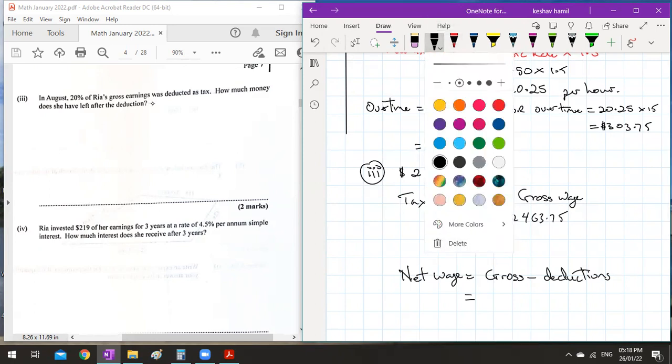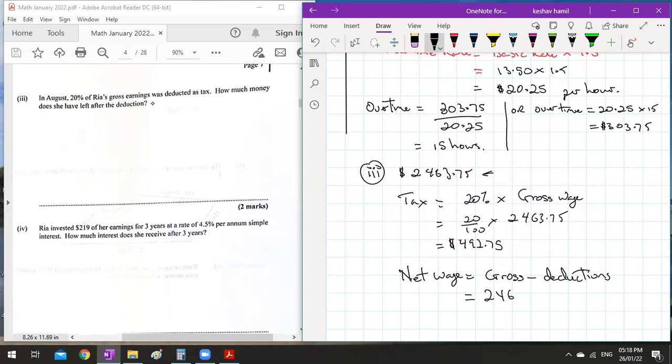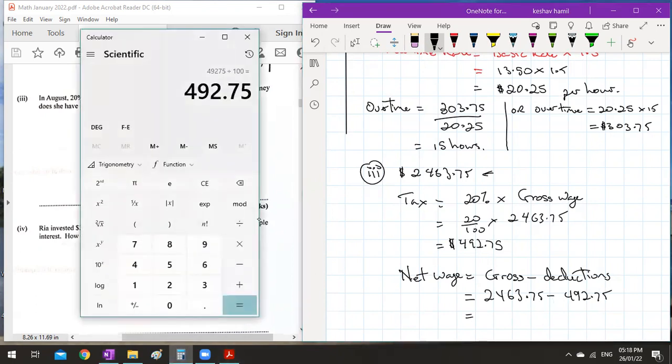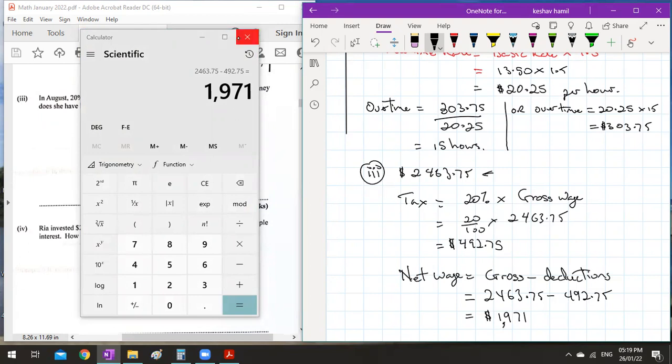So it could be 2463.75 subtract 492.75, which is $1,971.